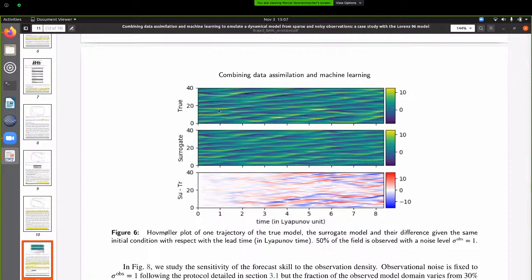So the top one is data from the original model. The middle panel here is a rollout from the model that we've learned. And the bottom one is the error. So it's small increases. The idea is to have the error as small as possible for as long as possible, which is going to constitute a good model.